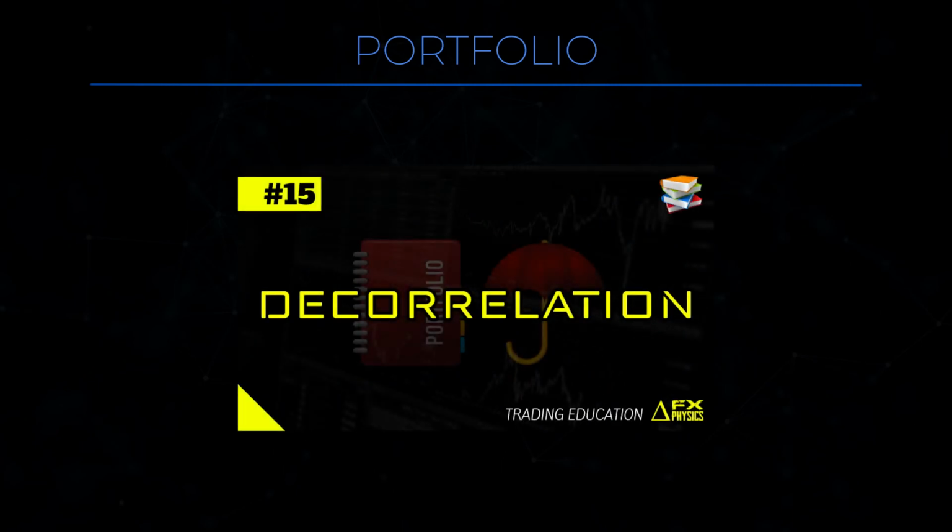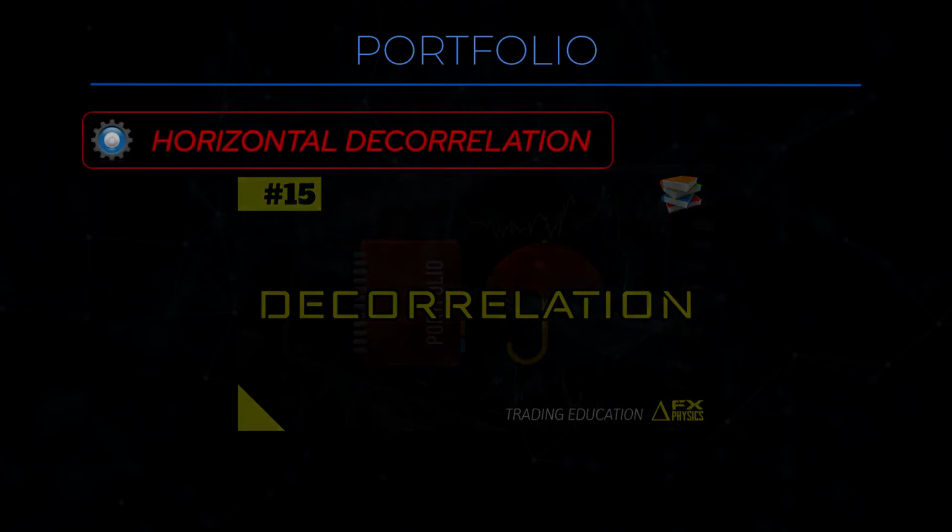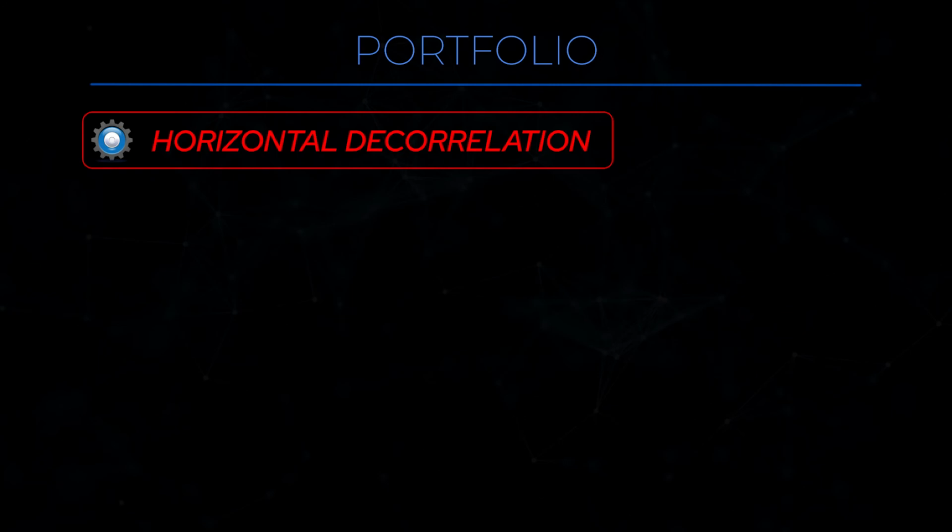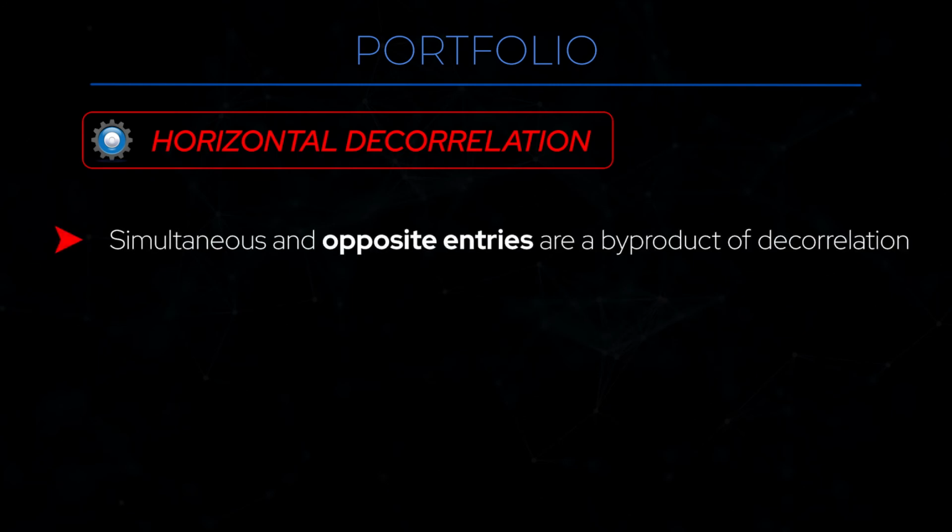And let's start with the concept of horizontal decorrelation that was extensively explained in this video. This goes counterintuitively, but as you broaden your portfolio of systems, you will find that on the same day, you might have conflicting signals to both buy and sell the same ticker, or contract, or currency pair. And while it may seem absurd, it is in fact an excellent thing, because it means that your portfolio of systems is actually decorrelated, meaning that not all of your systems are leaning towards the same direction at the same time.